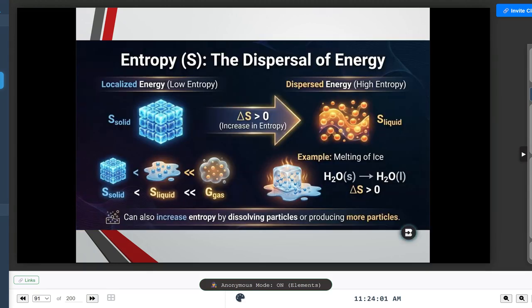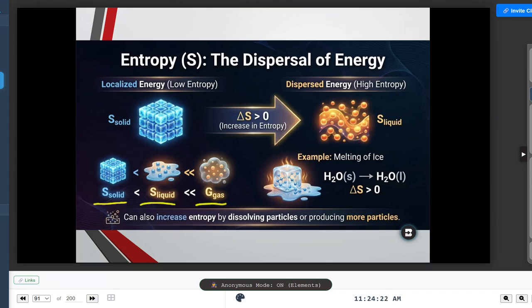All right, so if we look at our water going from solid to liquid to gas, if we're starting out with our entropy idea, our solid is very localized energy. Our liquid is becoming more dispersed, and our gas is even more dispersed.